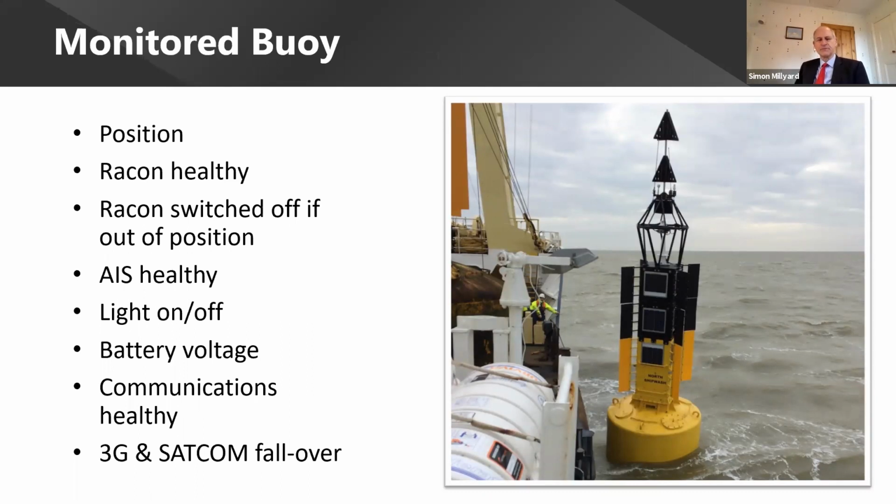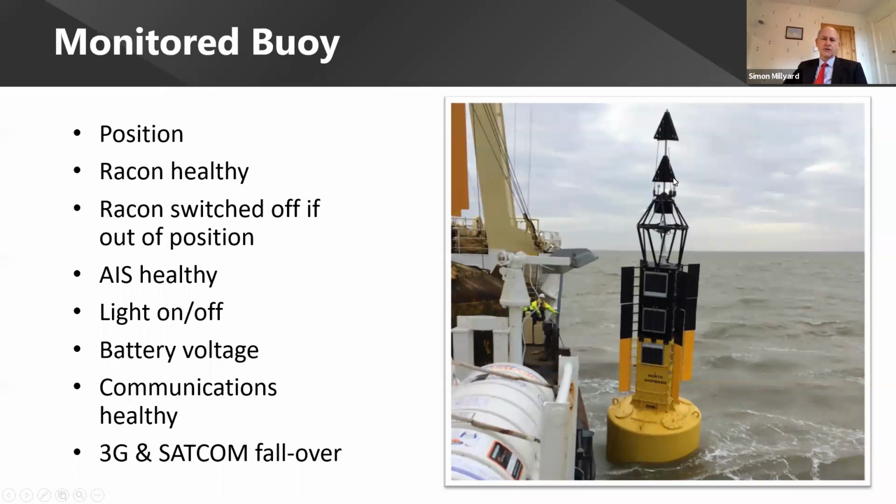It's a big old piece of kit, and within Trinity House this is the most comprehensive floating AtoN outside the light vessels, with a 7-mile light with AIS. It has a Racon. It has position monitoring, such that if it goes off position outside the guard ring, it will automatically turn off the Racon.